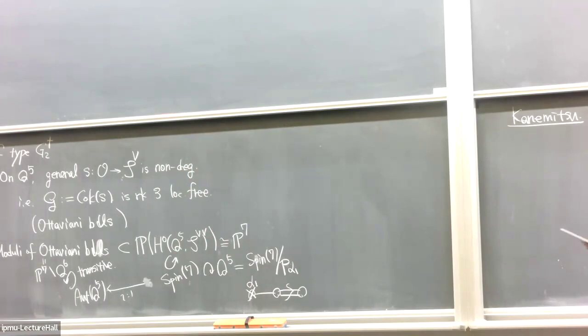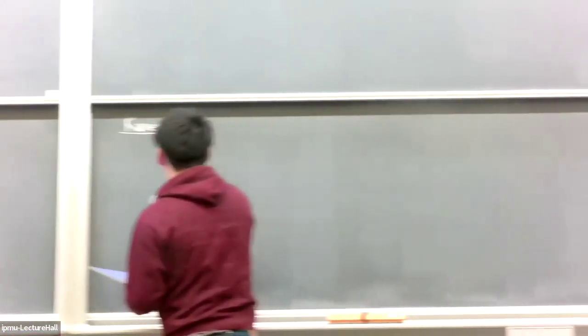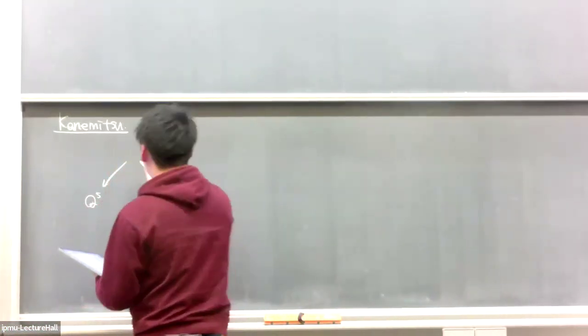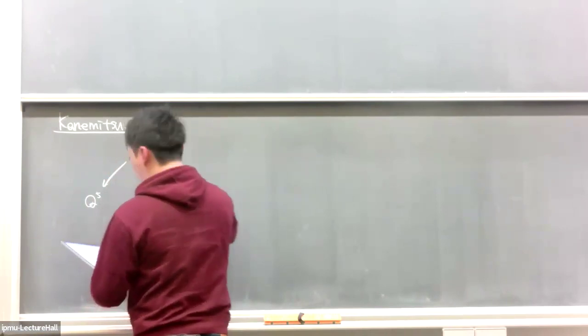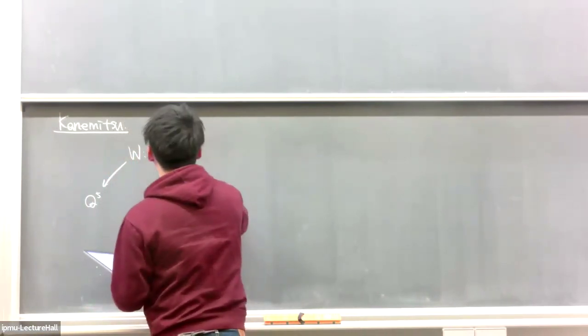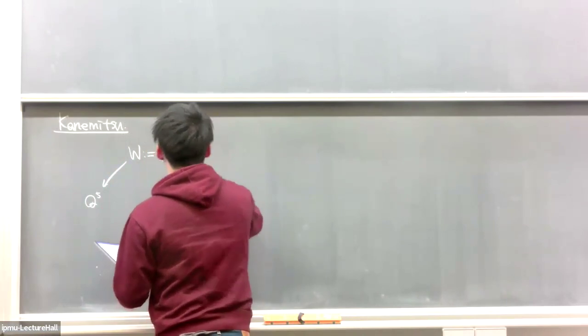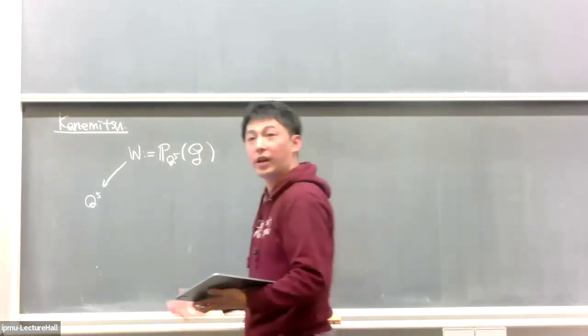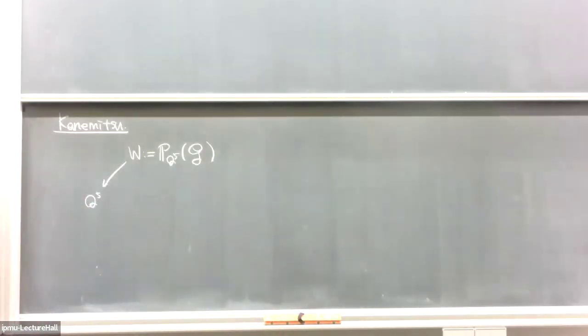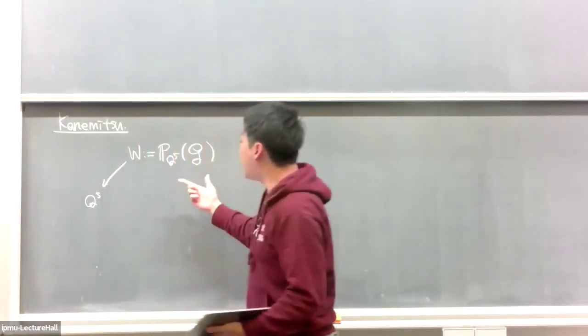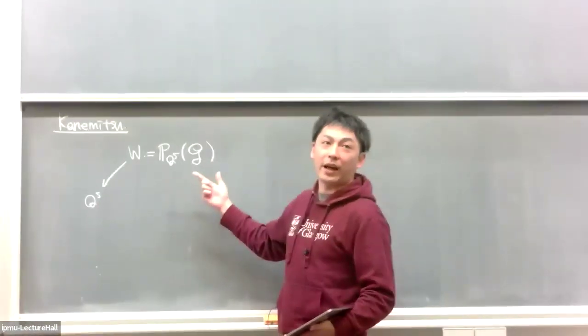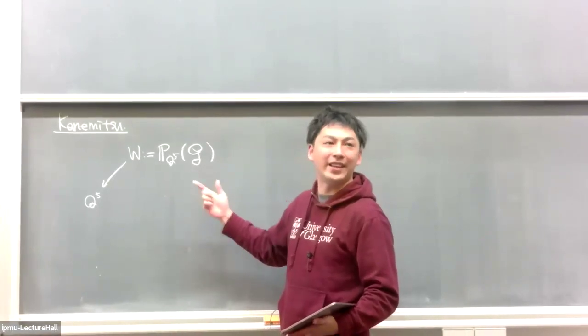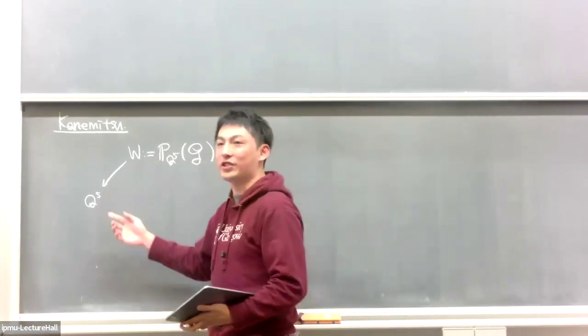It is known by Kuznetsov that if you consider the projectivization, which is denoted by W, this is the projectivization of some Ottaviani bundle. As I said, the action of the automorphism group is transitive, so this projectivization is unique as an abstract variety.